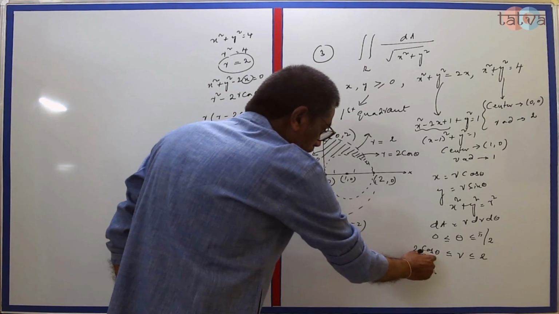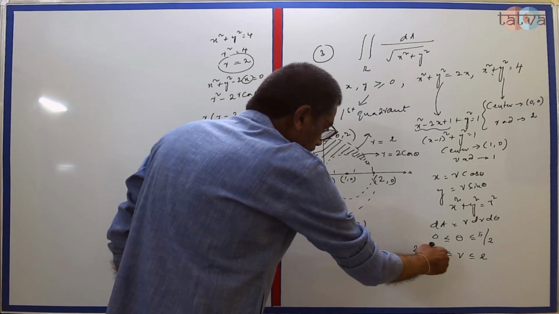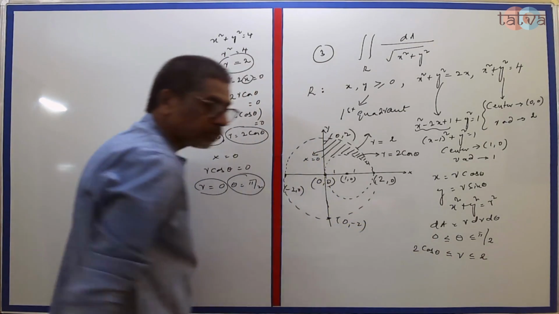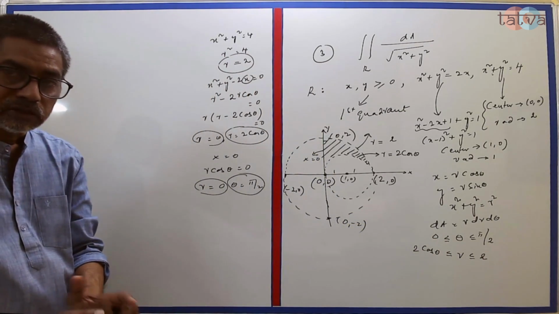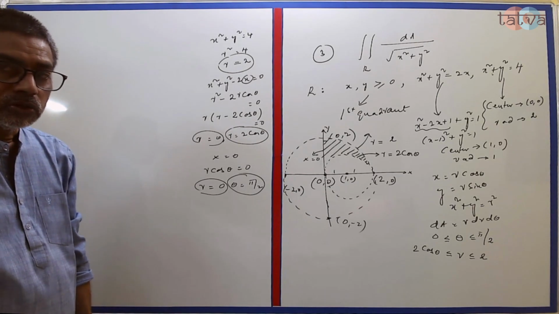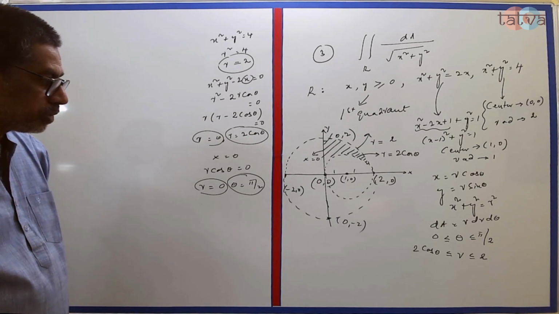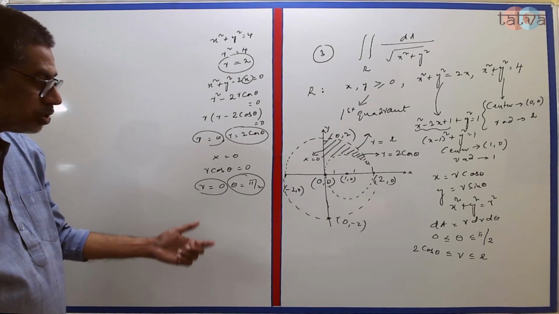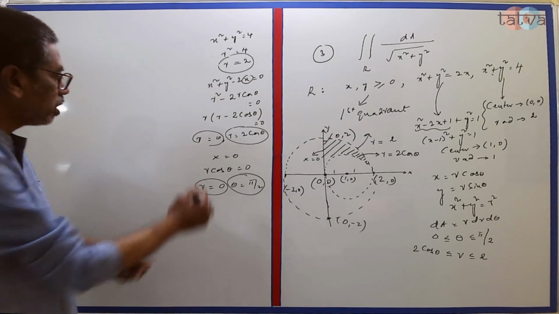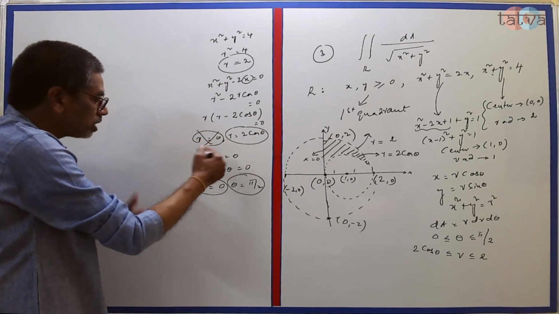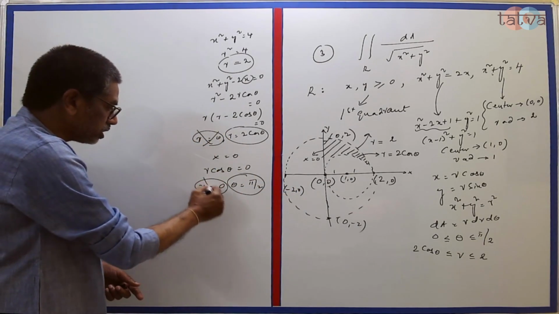Cos pi by 2 is 0, so I get r is equal to 0 from 2 cos theta. So I don't have to worry about r is equal to 0, because it is explained by 2 cos theta.